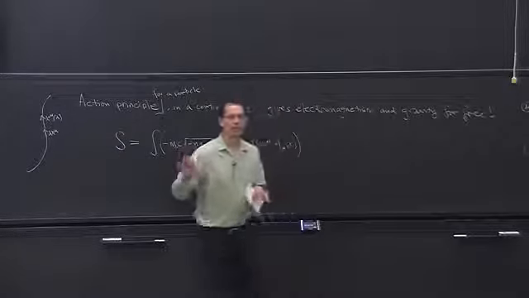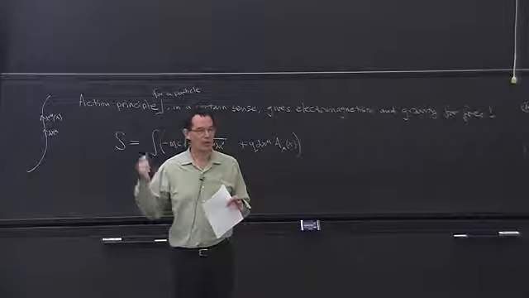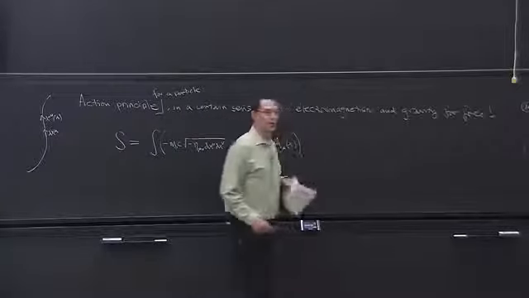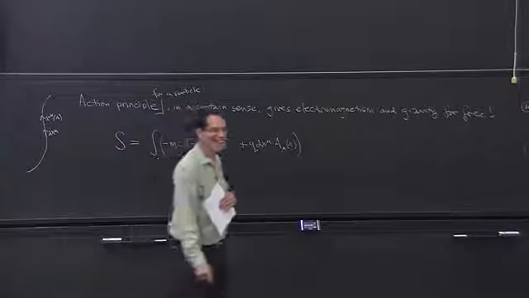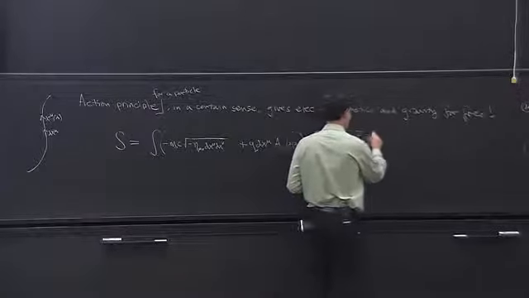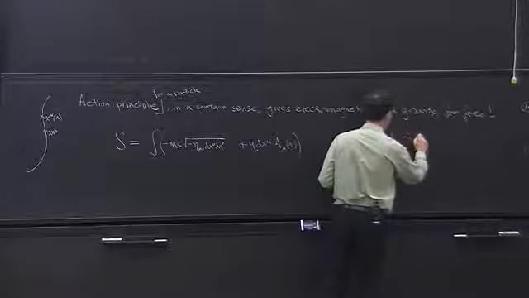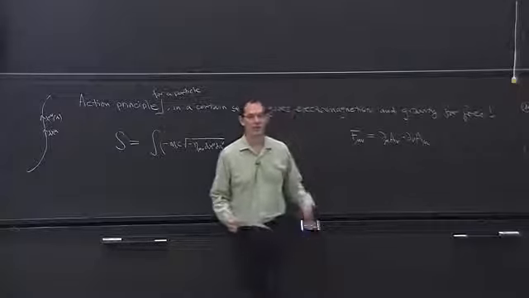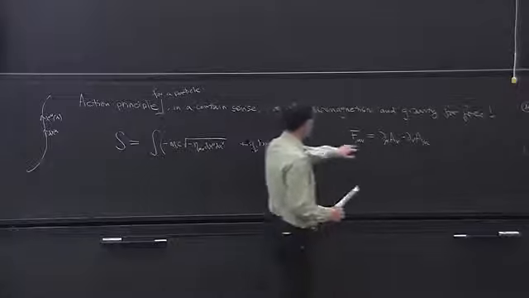So this immediately implies that if we want forces between our particles, we're going to need something else. We'll call it A mu. As soon as you say that, you think, well, maybe this has something to do with electromagnetism. And indeed it does. It turns out that it is exactly the vector potential for electromagnetism. Once I have A mu, I can, of course, construct an antisymmetric tensor just by differentiating it.